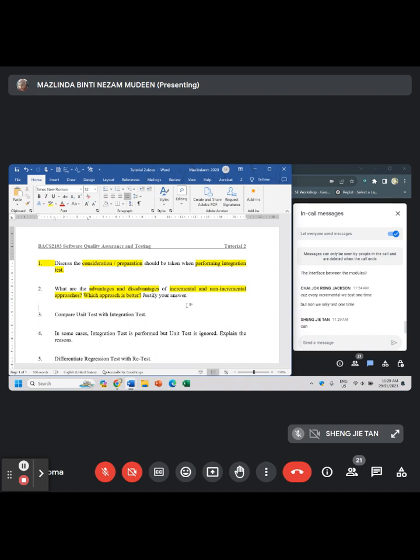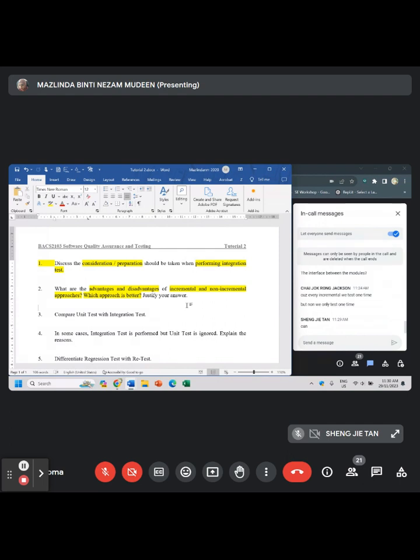The debugging process will be easier in incremental approach, while the debugging process in non-incremental approach will be difficult because it's a whole system now. It's a complex combination now.